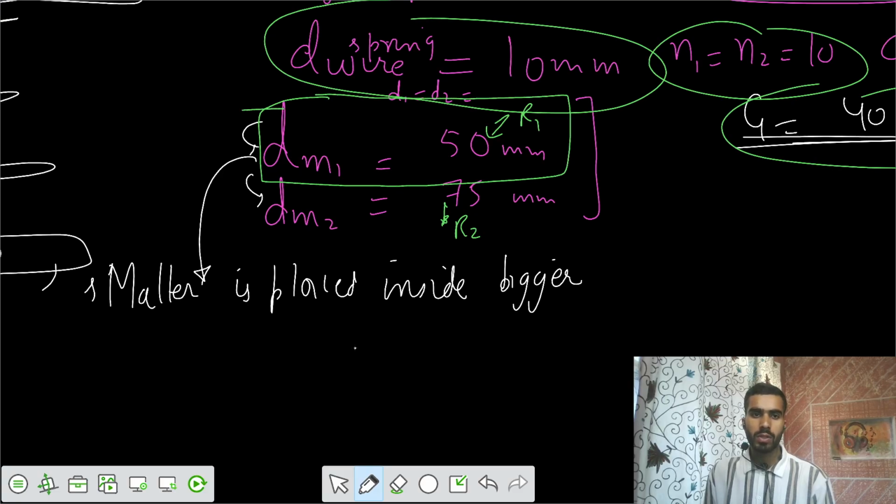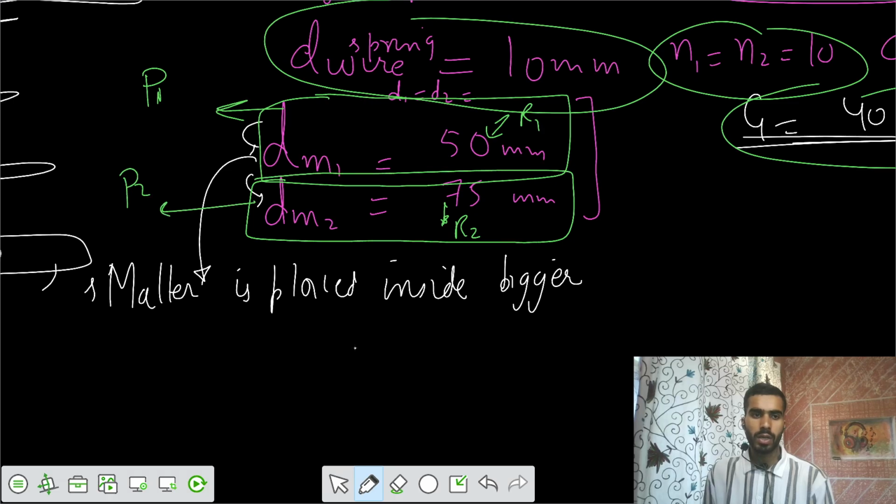Corresponding to this one we have p1, and corresponding to this one we have p2. You have to keep that in note. P1 is in terms of that diameter one, which is having 50 millimeter only.